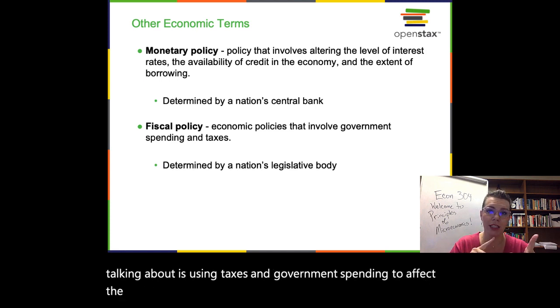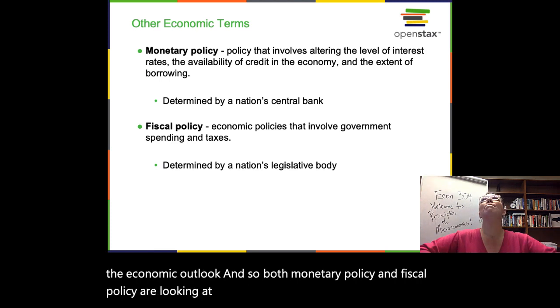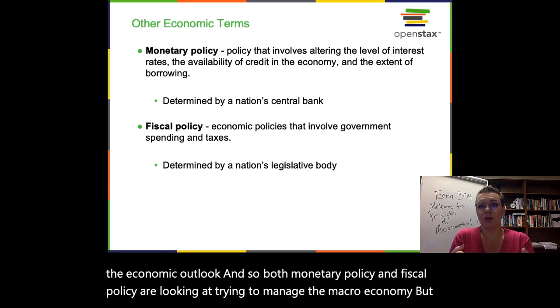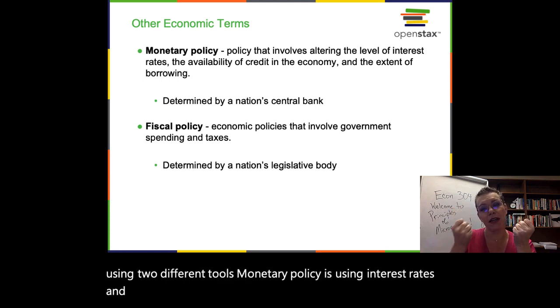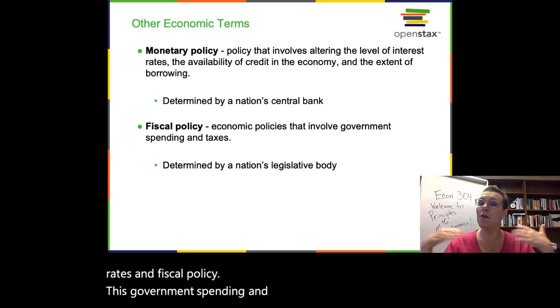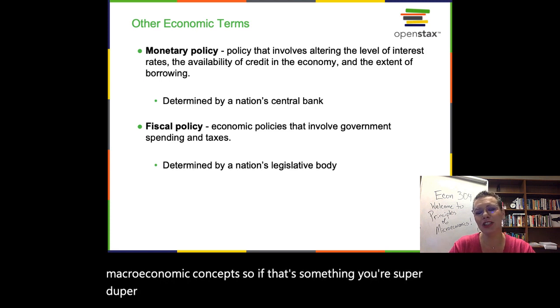Both monetary policy and fiscal policy are looking at trying to manage the macroeconomy, but they use two different tools. Monetary policy uses interest rates, and fiscal policy uses government spending and taxes. And they're both big macroeconomic concepts. So if that's something you're super interested in, you should check out Principles of Macro.